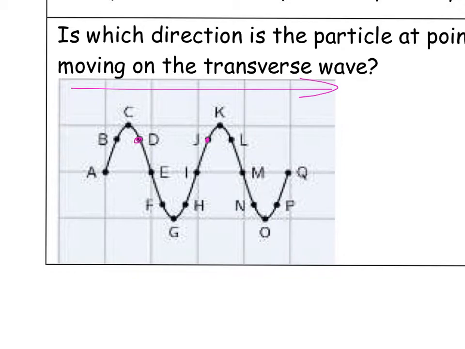The next point, if this wave moves along like that, the point I will be where J is. In other words, this point would be over there in a short while. So J, this particle, actually needs to move downwards.